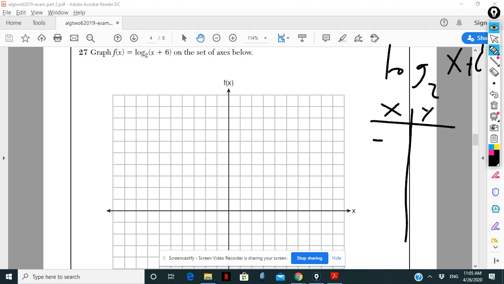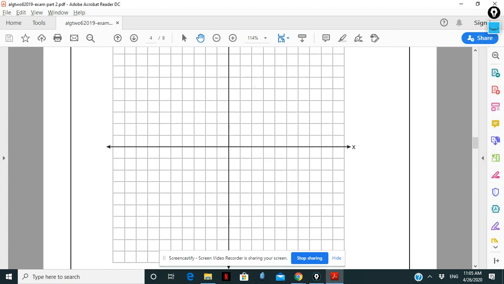When x is negative 6, it's giving me an error because it's going to be undefined. Okay, that's the asymptote. Now, when x is negative 4, it's 1. When it's negative 2, log 2 of 4 is 2. When x is 2, it's going to be 3.